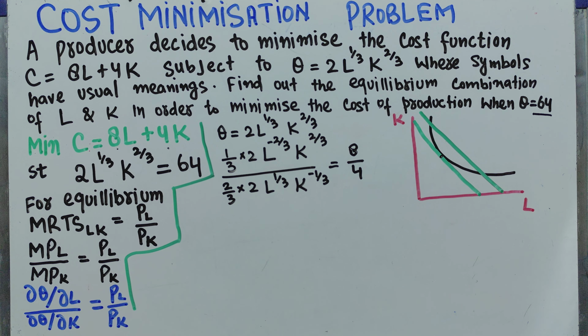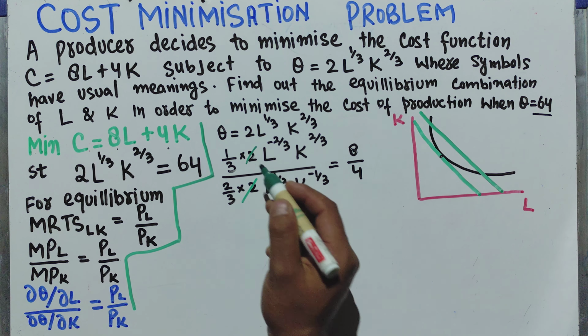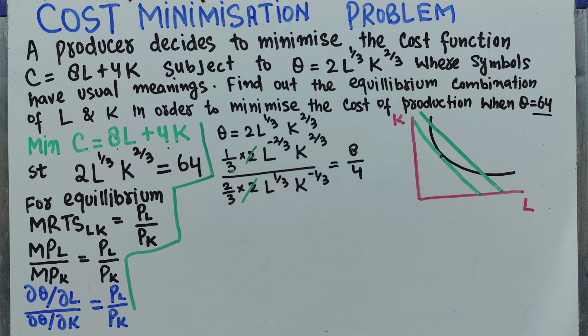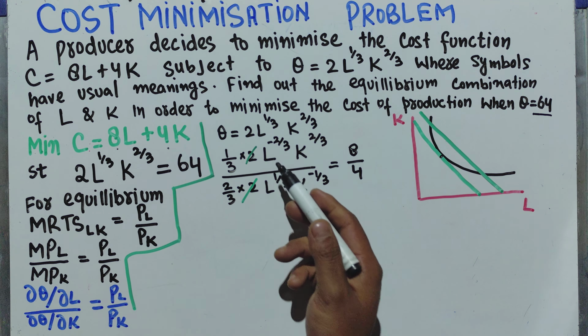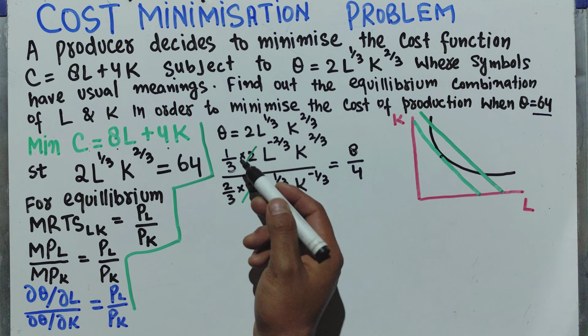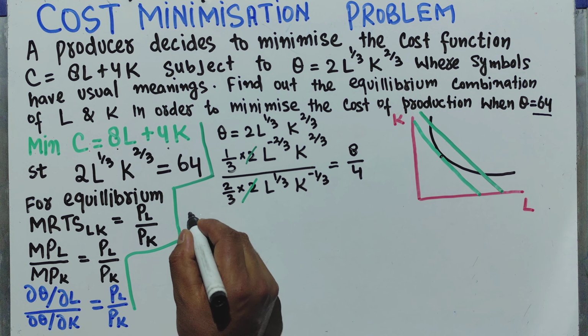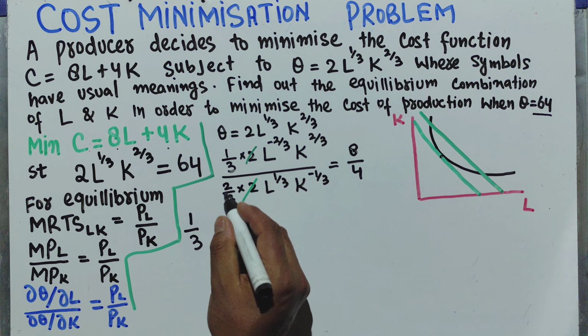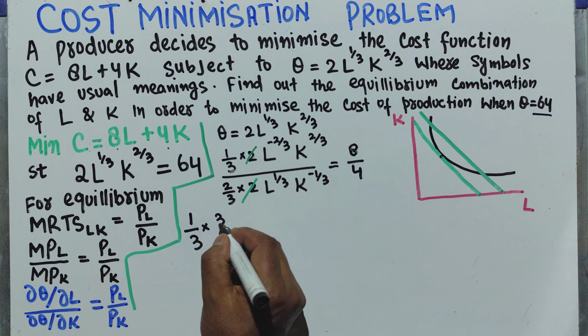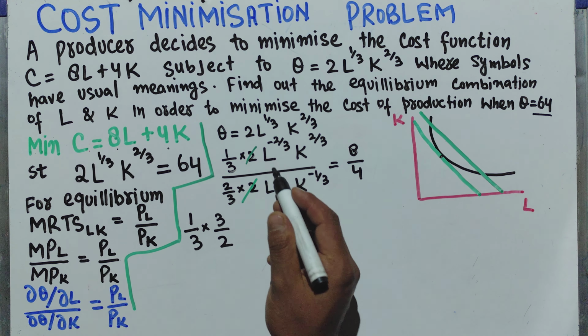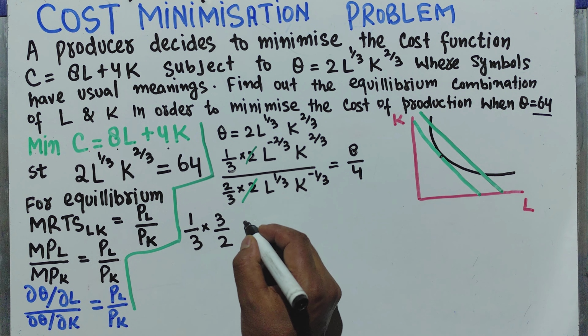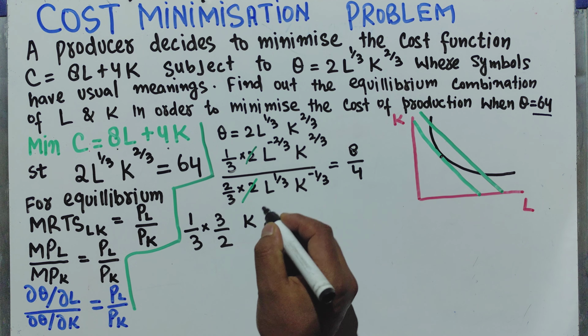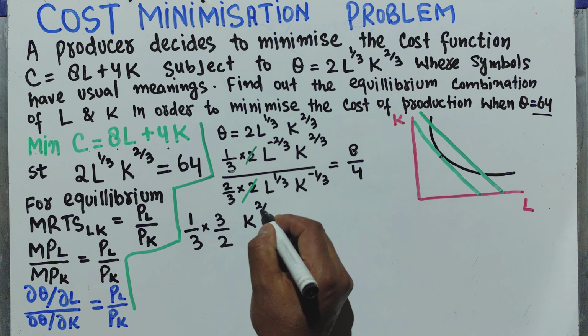Solving further, there will be some cancellation. 2 and 2 get cancelled. When we solve this, let me write it here. Can I write 1/3? Transposing, it becomes 3/2. Then we have K^(2/3).